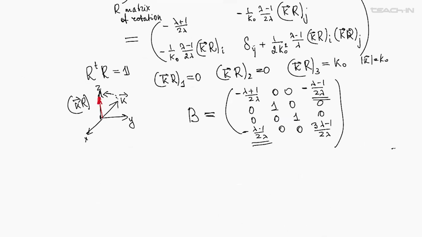Unfortunately, I could not find Lorentz boosts. In fact, I think it's possible to show, and I think I did it at a certain point, that there are no Lorentz boosts which can remove from B these off-diagonal components. So matrix B cannot be completely diagonalized by means of these Lorentz transformations.